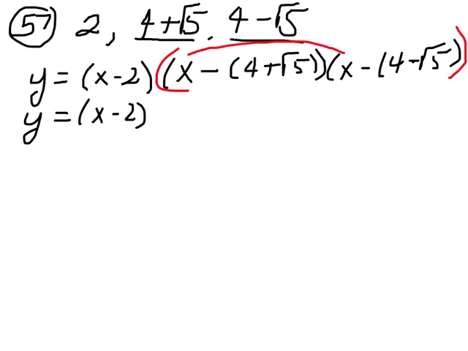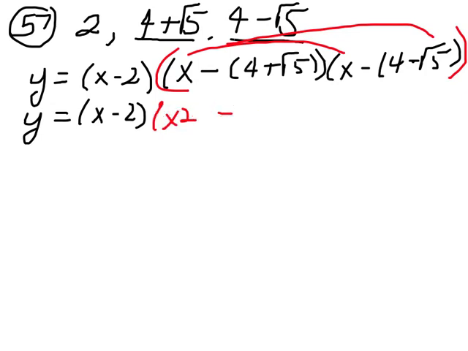x times x is x squared. x times negative 4 minus square root of 5 is going to be negative 4. Let me go, I tell you what, before I distribute this, let me do something to make this a little less confusing, because the whole thing is going to get confusing if I don't.